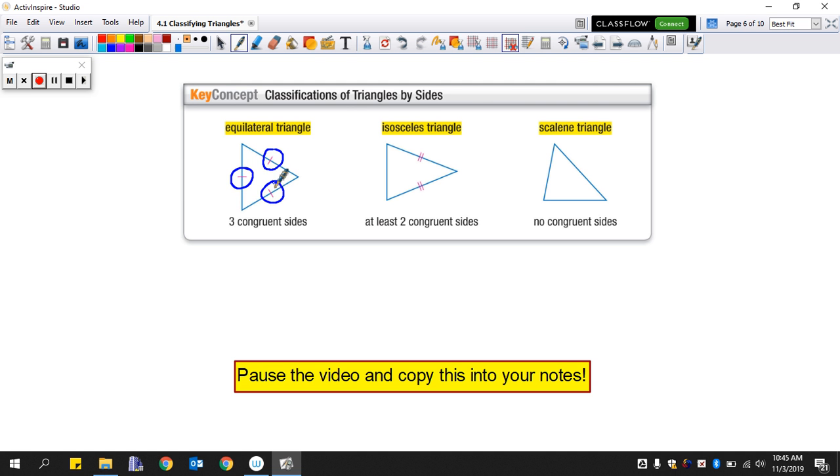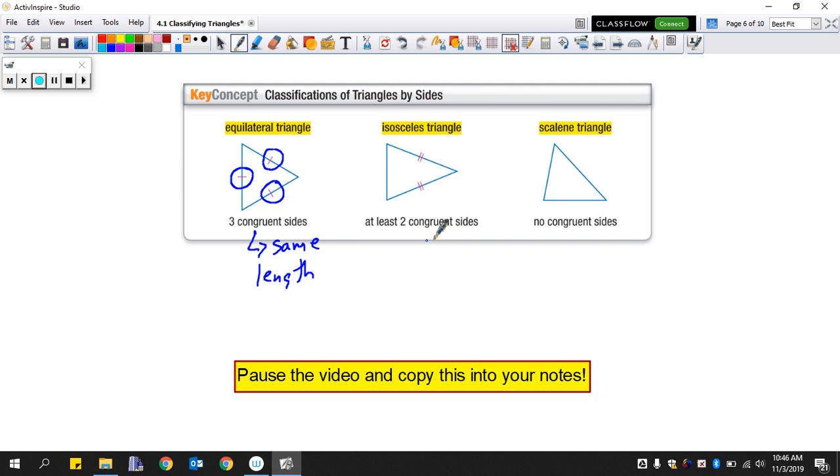All right. The second one is an isosceles triangle. An isosceles triangle has two congruent sides, and then this other side here is not the same length. So that means you'd have two sides that have the same length and one side that's a different length. That's an isosceles triangle.